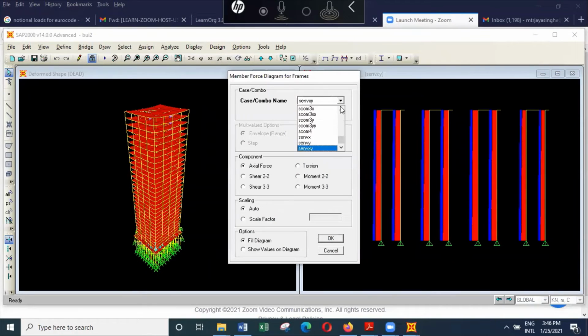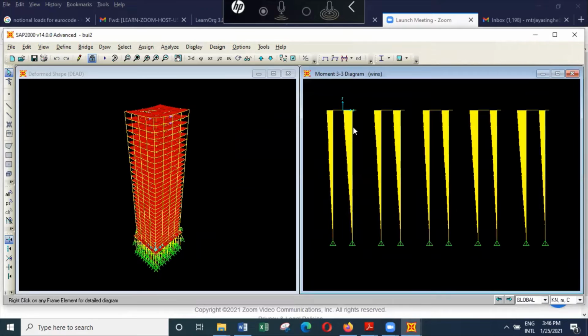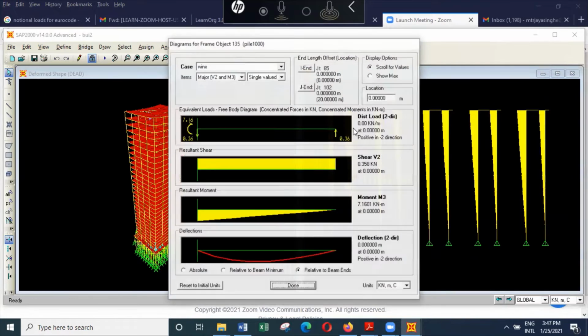And if you look at the forces due to wind load, look at the moment: it is still very small. Although wind is a lateral load and it is causing a moment at the foundation level, it's a global effect, it's not a local effect. So that's why these piles are not carrying high bending moments.